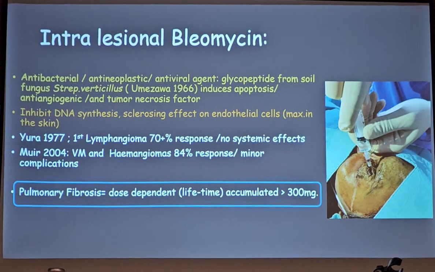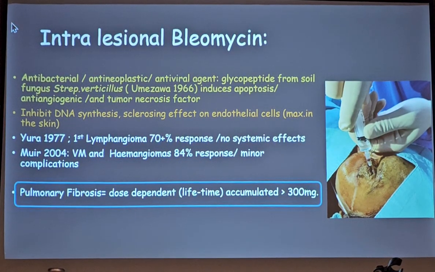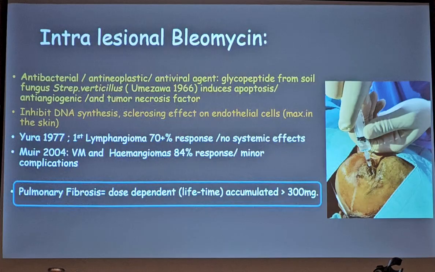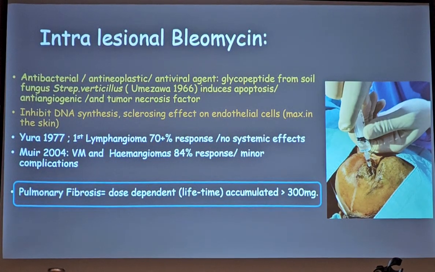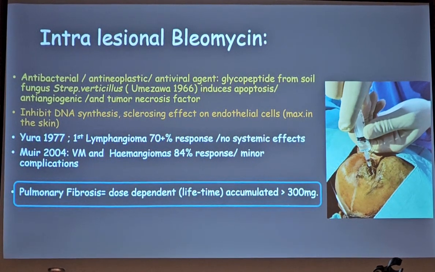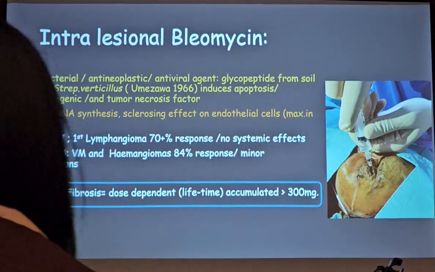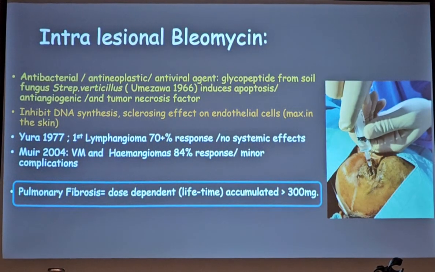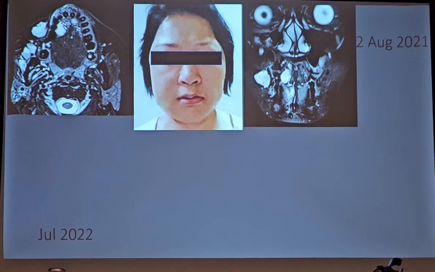So the bleomycin used to work with all this effect many years ago, and then the response was found, and there seemed to be very little chance of pulmonary fibrosis related to the lifetime accumulation of more than 300 milligrams, which, imagine 15 milligrams per session, you need to do 20 sessions, which is not happening. My maximum is probably 3 sessions.